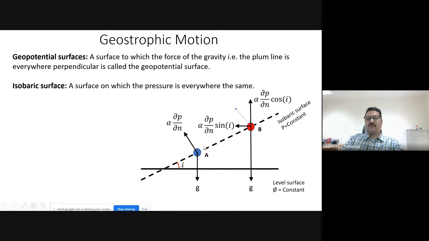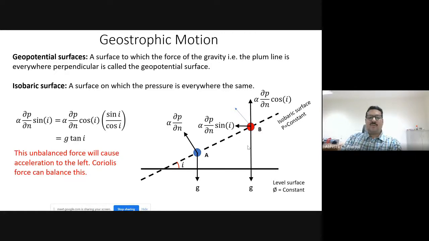For a given point A, the pressure gradient acts perpendicular to the surface, del P del N, but gravity is perpendicular to the equipotential surfaces. So there is an angle between them, and they cannot balance each other. When we split that, we found that a cos function of this pressure gradient will balance the gravity, but there is an unbalanced force, del P del N sin I, where I is the angle between the isobaric surface and the isopotential surfaces.